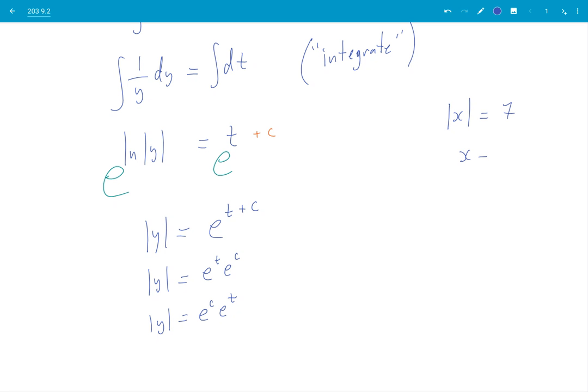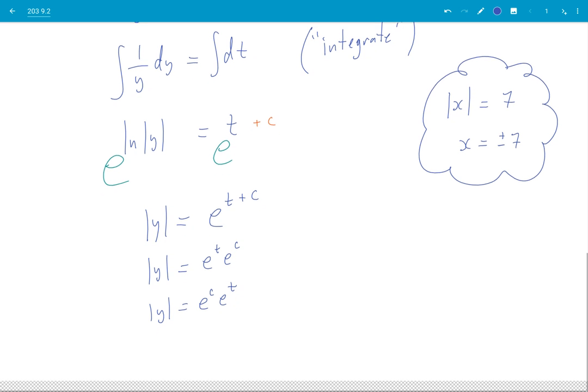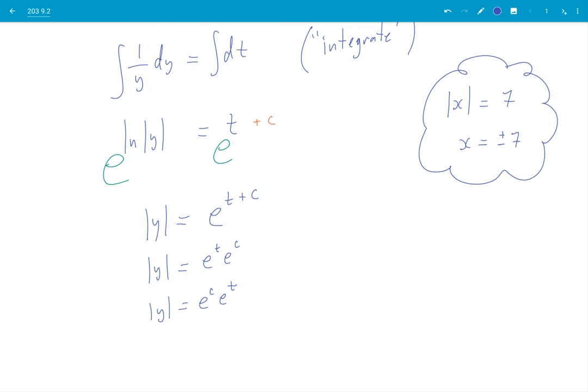Well, what do I know? I know that x is going to be 7 or minus 7. Right? So y is equal to plus or minus e to the c, e to the t.